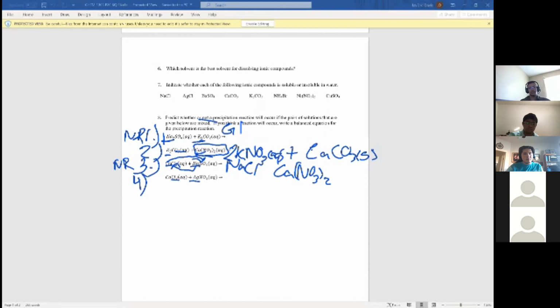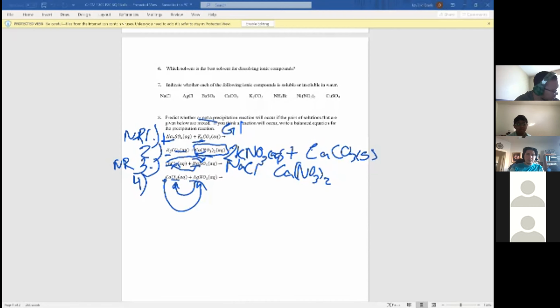Like silver, we're trying to imagine silver with chloride, and we're trying to see calcium with nitrate and see if either of those will make a solid. For number 3, since both are soluble, it won't create a precipitate. And since it won't create a precipitate, no reaction will occur. All right, thanks.